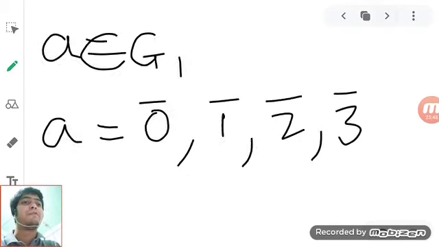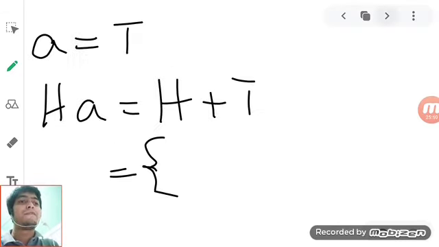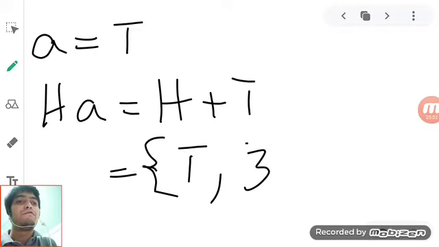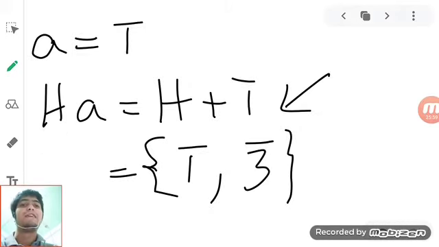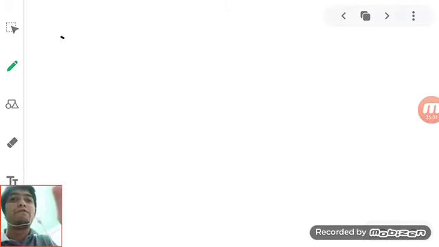So you will have 1 bar, 3 bar. Again, this coset here is still different from the coset here. So now we have to move on.